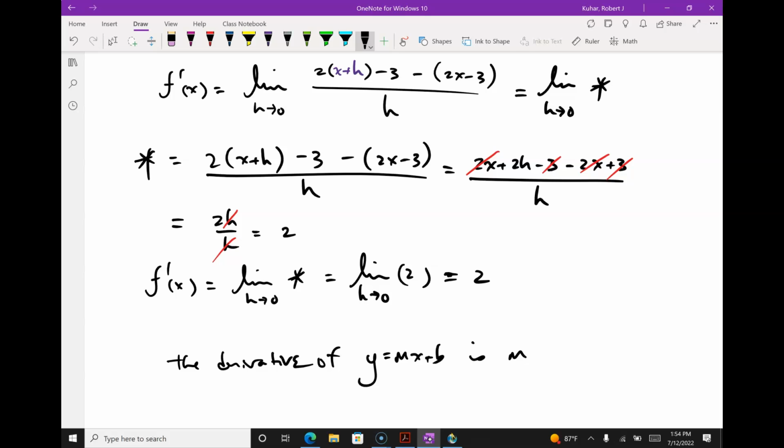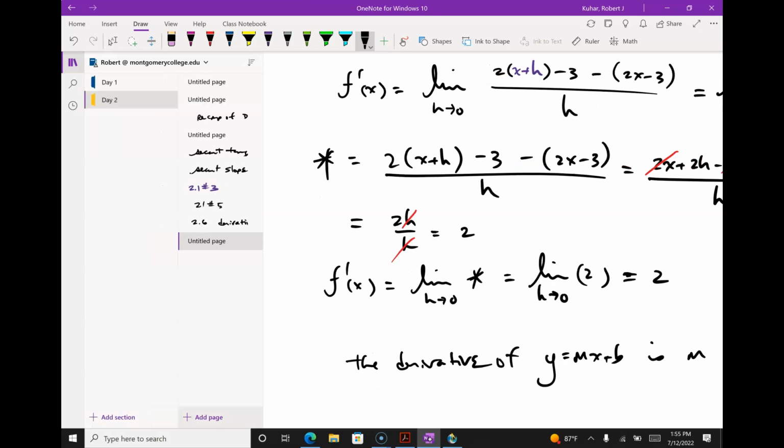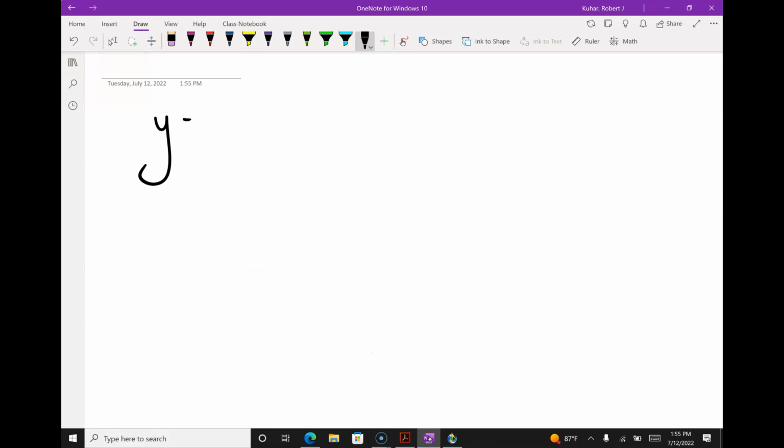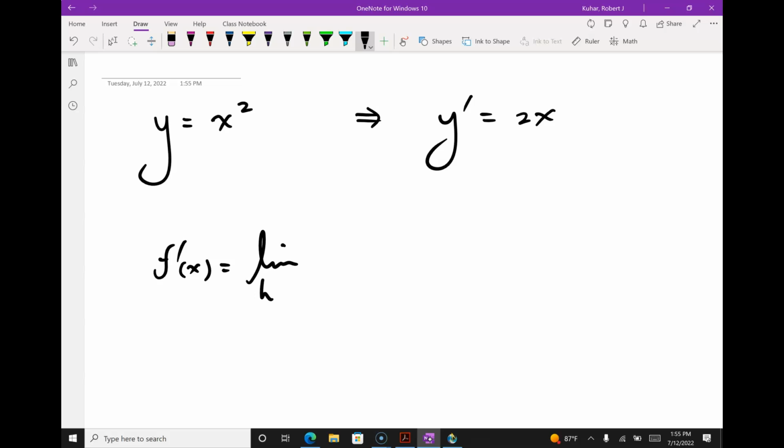One more easy one and then a tough one, okay? Ready? Anybody know the derivative already? Anybody know y prime or f prime of x? 2x. So we're doing the limit as h goes to 0 of x plus h quantity squared.